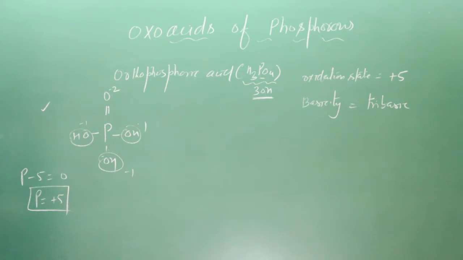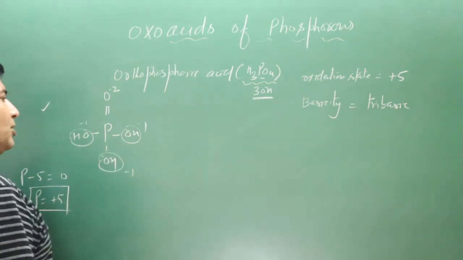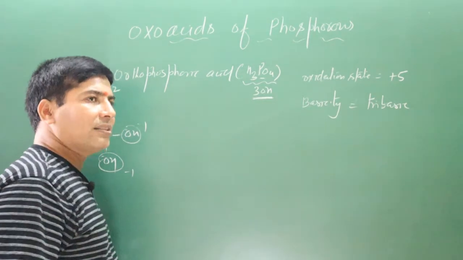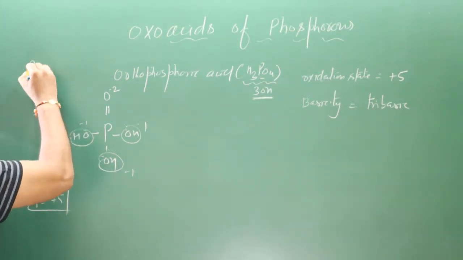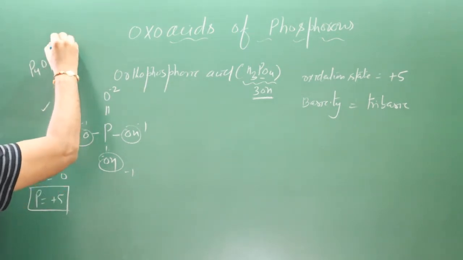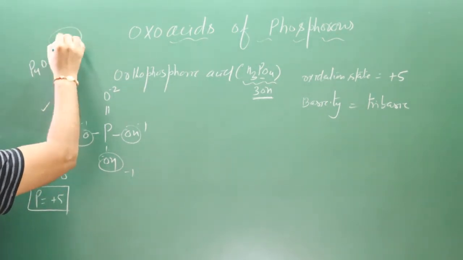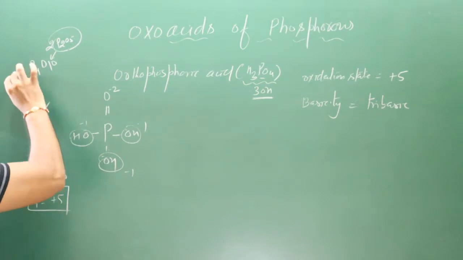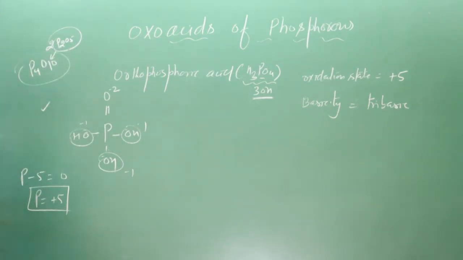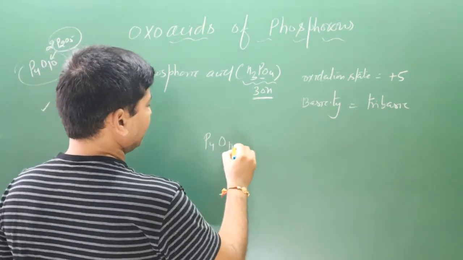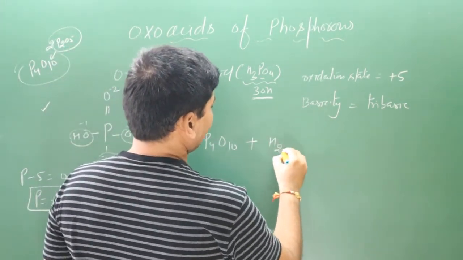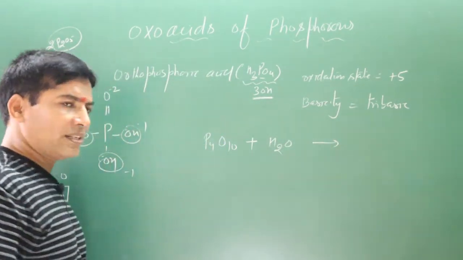Now we talk about the preparation reaction. You might have learned about diphosphorus pentoxide, which is present in the P4O10 form because P2O5 undergoes dimerization to be in a stable state. P4O10 undergoes hydrolysis and reacts with water.